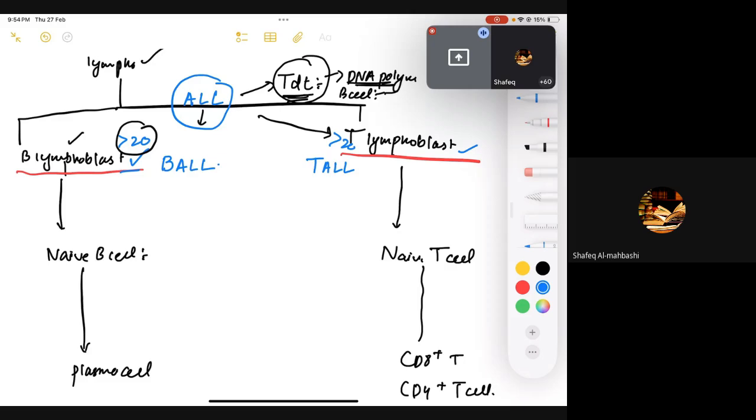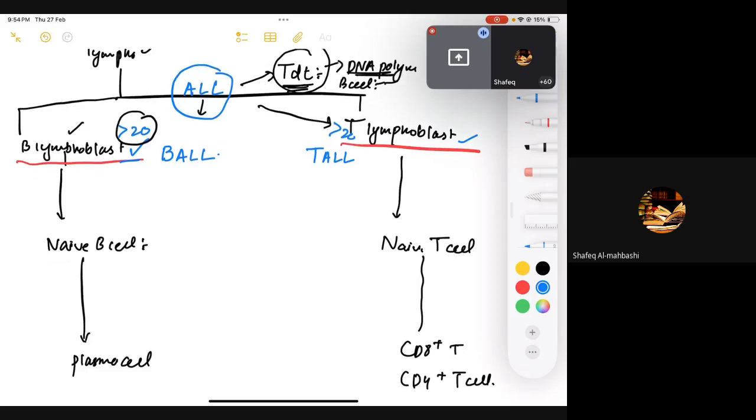Okay, B-ALL and T-ALL. How do I know whether it's B-ALL or T-ALL? You already know that you are going to look for the surface markers. The lower surface markers, like CD2, 6, 8, basically indicate T, and we will discuss each and everything in detail; we are just building more concepts on things we already discussed. In B-ALL, you're going to see surface markers like CD20, 21, the higher markers.